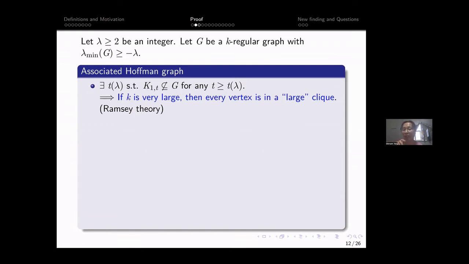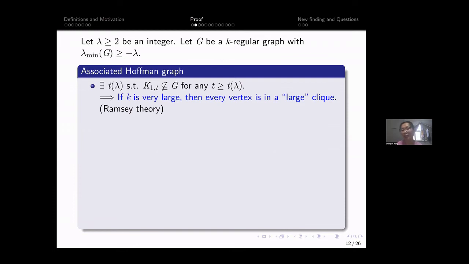we take a vertex of G, let's say x. It has many neighbors. And in these neighbors, it does not contain an independent set of size t. Then we use Ramsey theory.